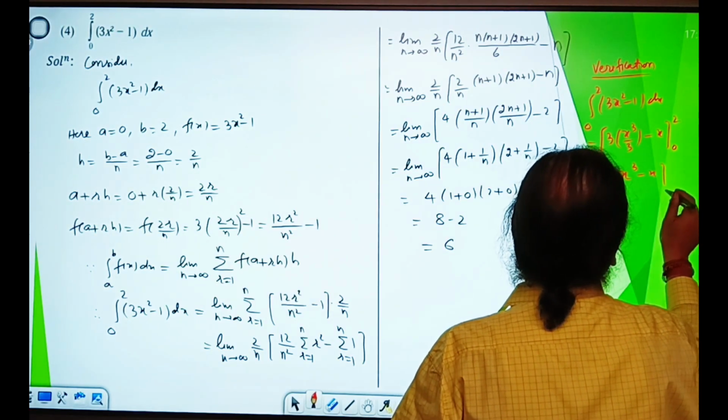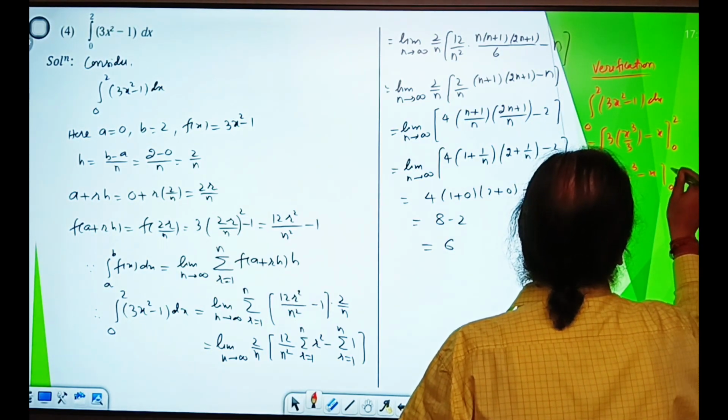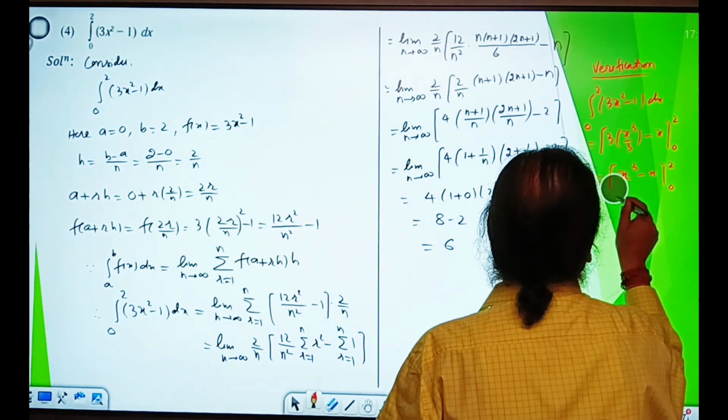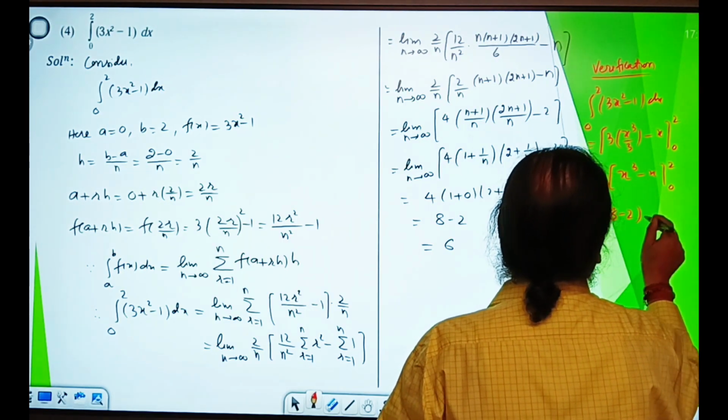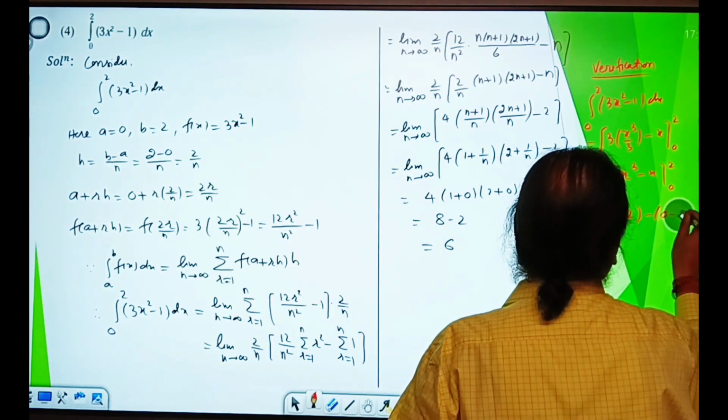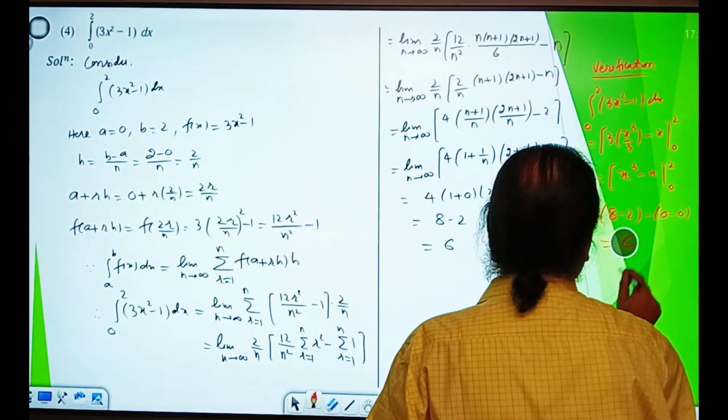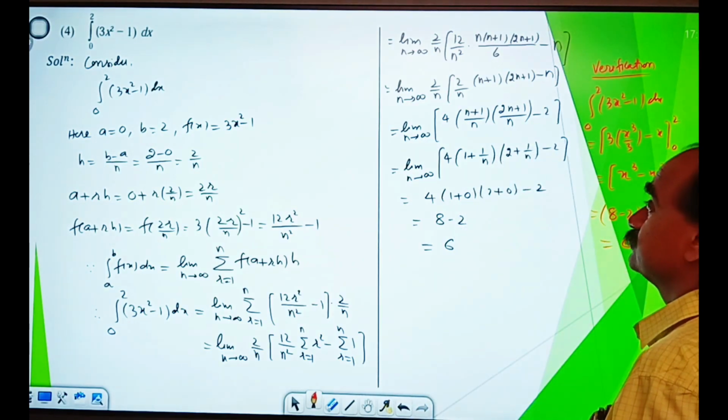Upper limit will give you what? 2 cube, that is 8 minus 2, minus lower limit will give 0 minus 0. 6 is the answer.